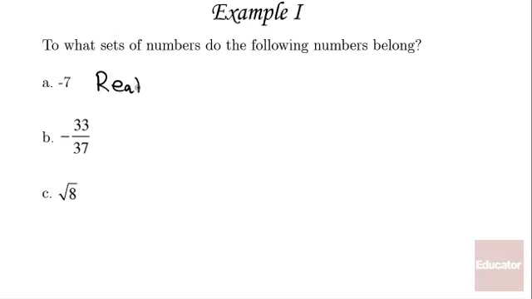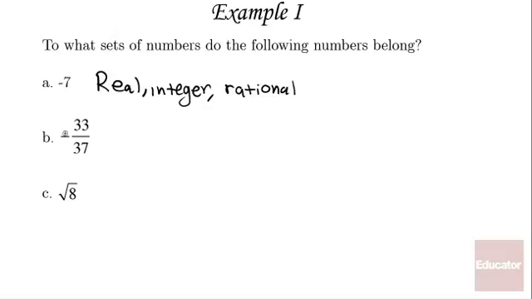Is it a whole number? No, because it's negative. Is it an integer? Yes, it is. And then I think, is it a rational number? Yes, it's a rational number. So this belongs to 3 sets. It belongs to the set of real numbers, integers, and rational numbers.